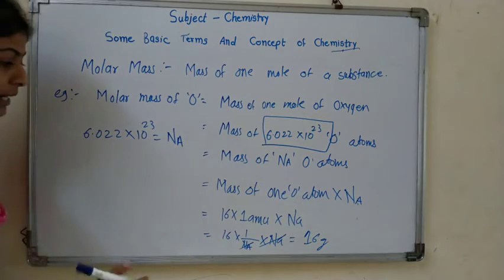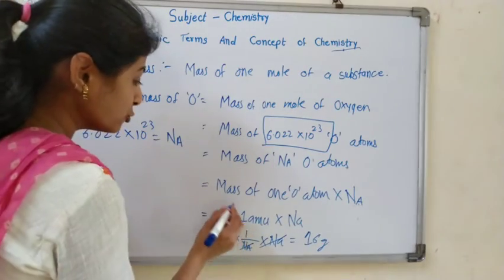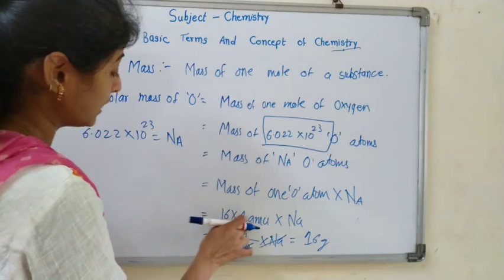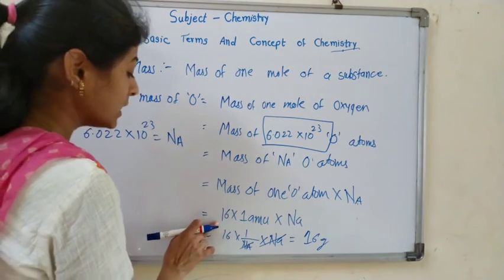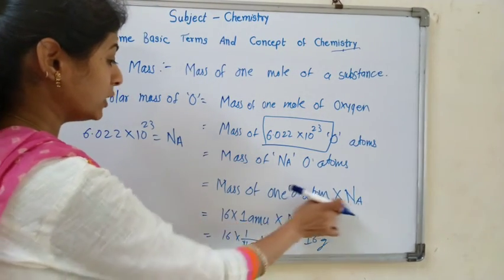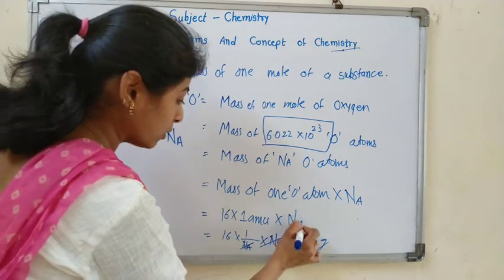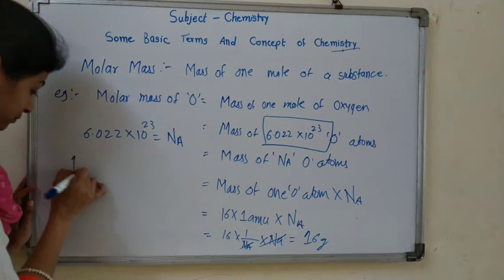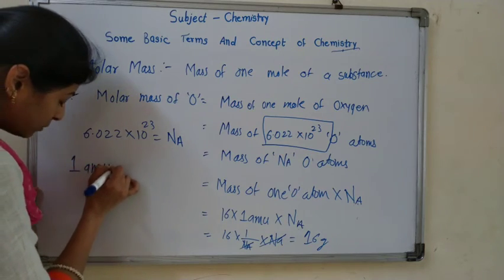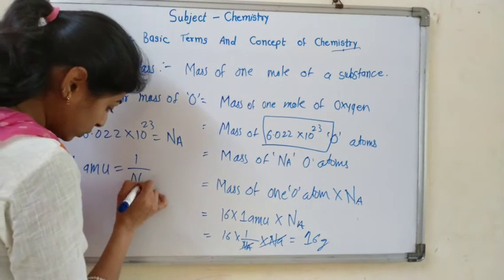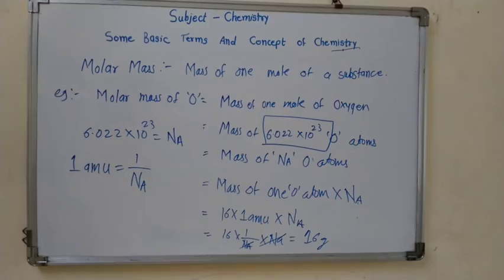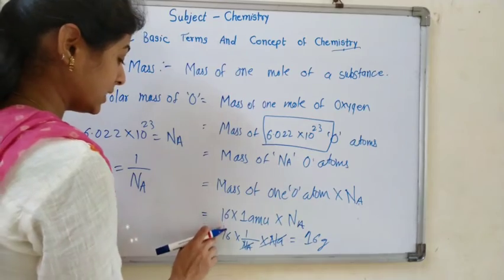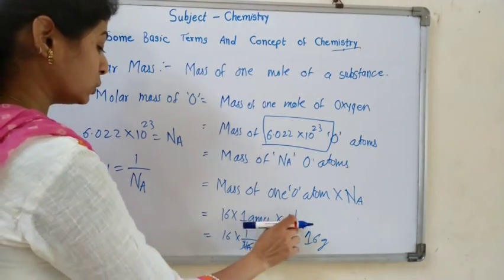Here I can write the mass of one atom of oxygen is 16 times heavier than 1 AMU. So I can write 16 into 1 AMU into Na, that is Avogadro's number. Now a few minutes back I said that 1 AMU is nothing but equal to 1 upon Na.